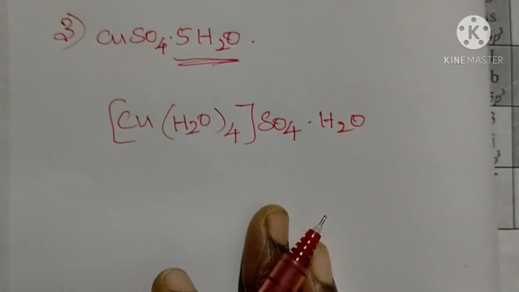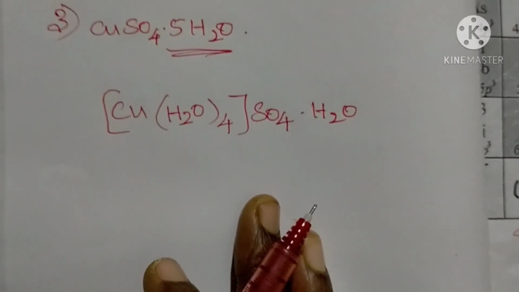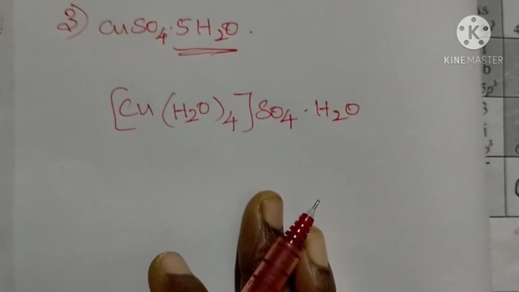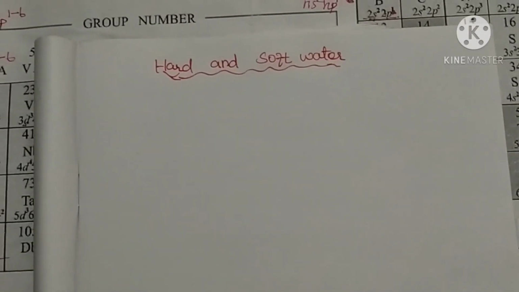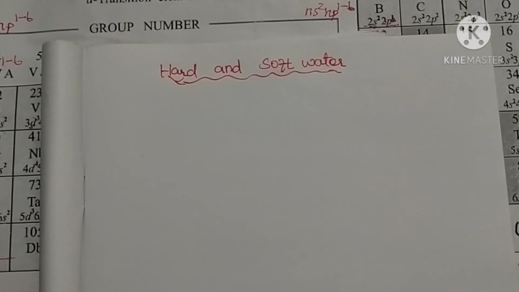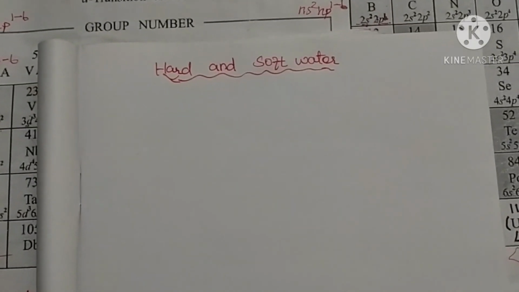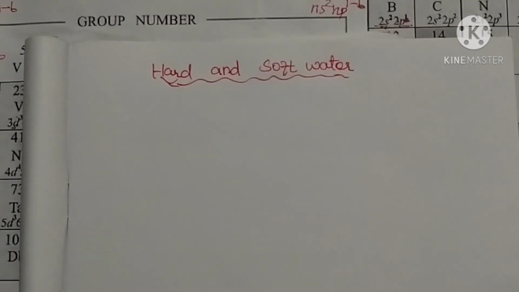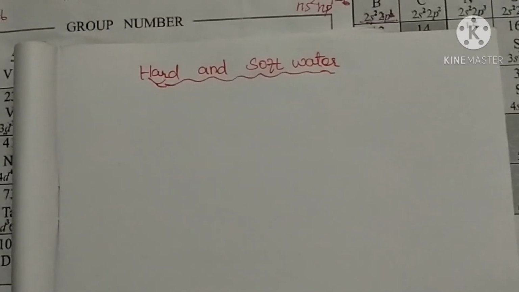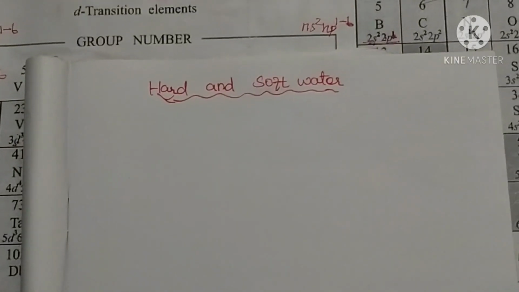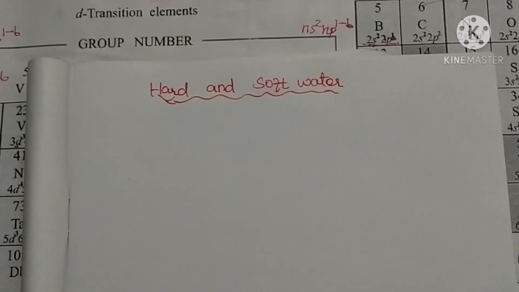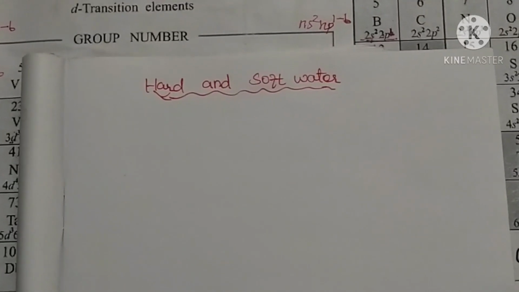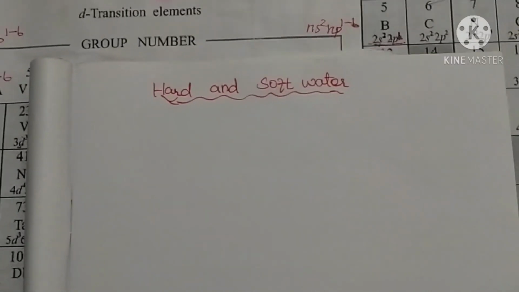Next topic from this unit is an important one: hard and soft water. This is one of the specified characters of water. Generally, we use water for daily uses in our home, for domestic use like washing vessels, washing clothes, bathing, and cleaning the house.